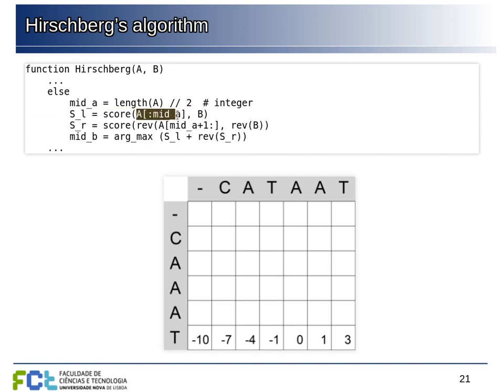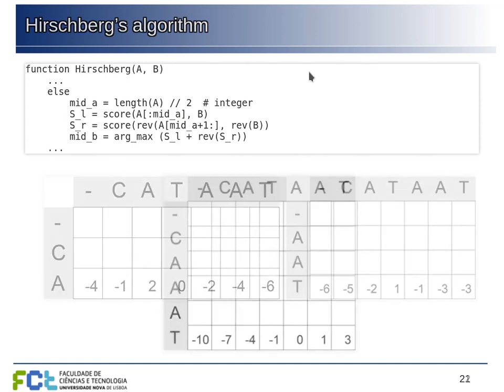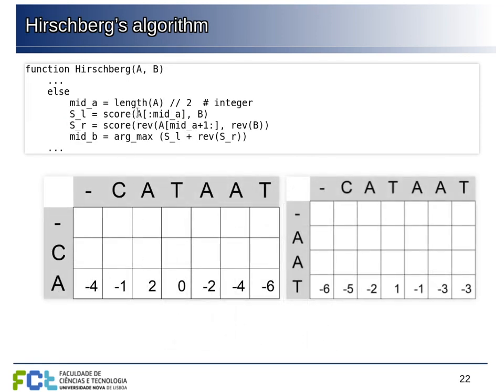If we use just the half part of sequence A, then in that case we get this. Suppose that we have the midpoint here at the second position, then the first score here would just give us this array, this vector, which means if we try to align CA with nothing, we get -4. CA with C, we get -1, so we have a C match, but then the A is left with a gap.